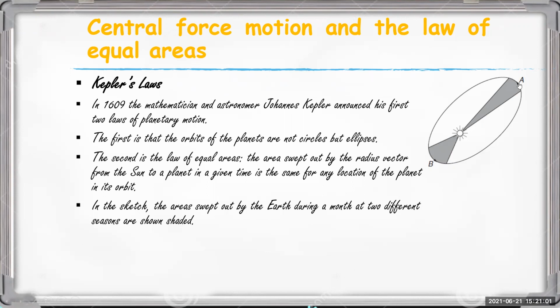The point A is the rainy season, and B is the summer season. That is, in the summer, the Earth is near to the sun, and in the winter season, it is very far.